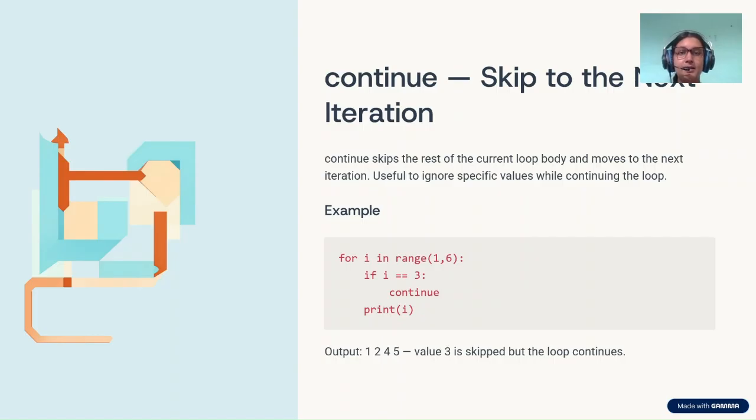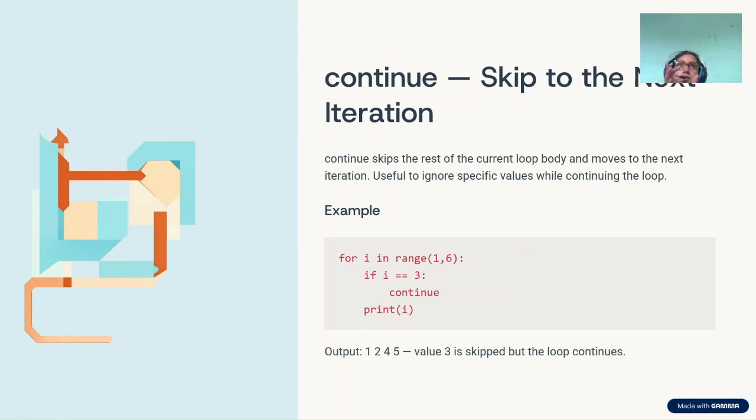The break statement is used to break out of the entire loop, right? It completely stops the execution of the loop. But the continue statement only stops the current iteration, right? It skips the current iteration and starts the next one.